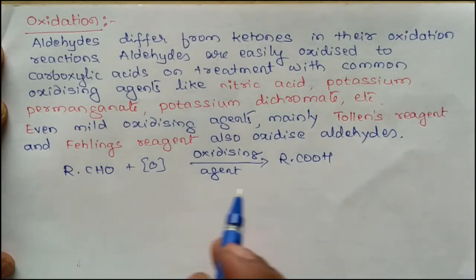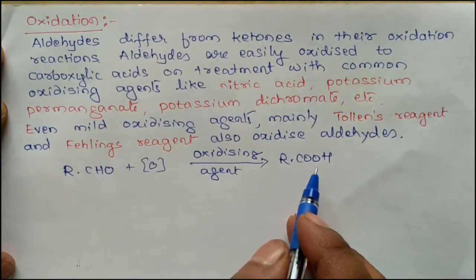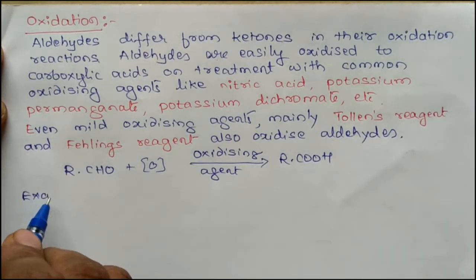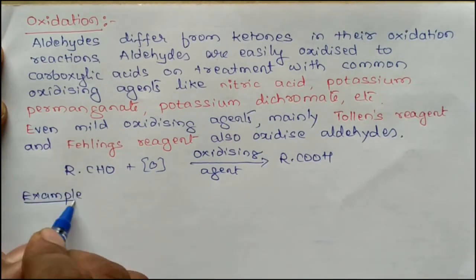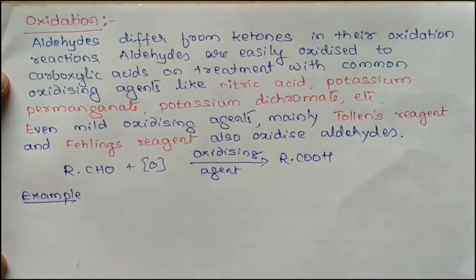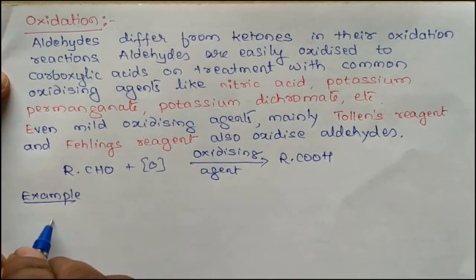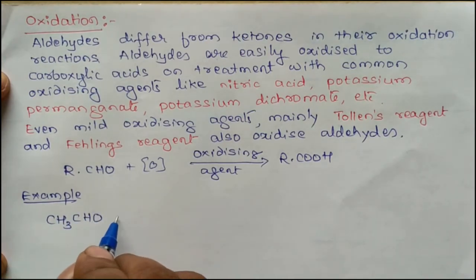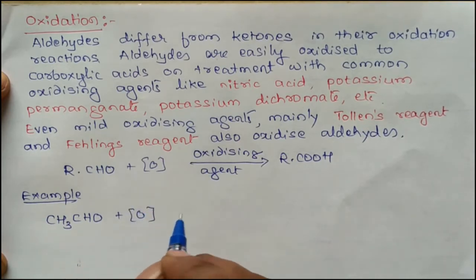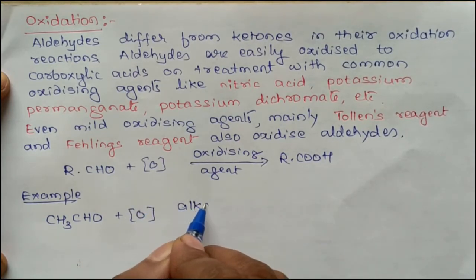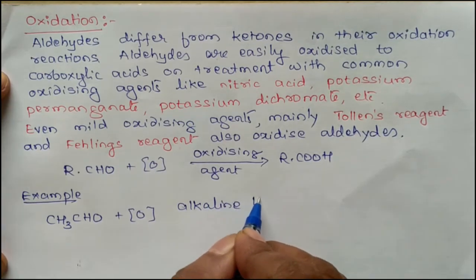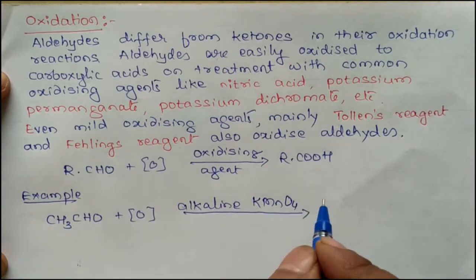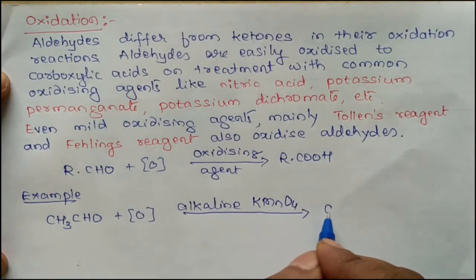Yes, aldehydes on oxidation form carboxylic acids with the same number of carbon atoms. Example: when acetaldehyde, CH3CHO, is oxidized using alkaline potassium permanganate solution, acetic acid, CH3COOH, is formed.